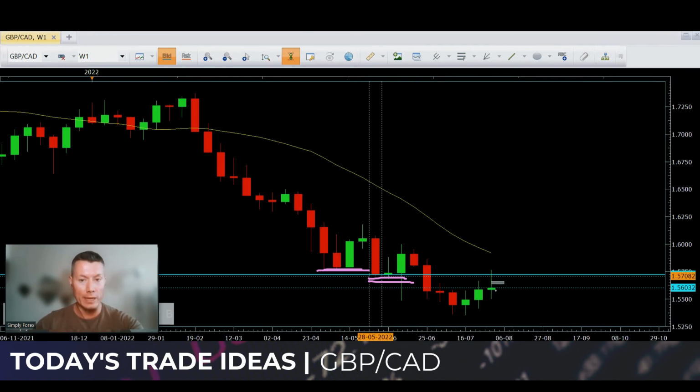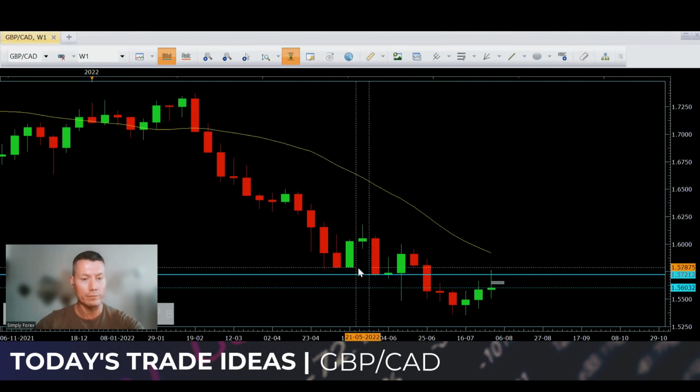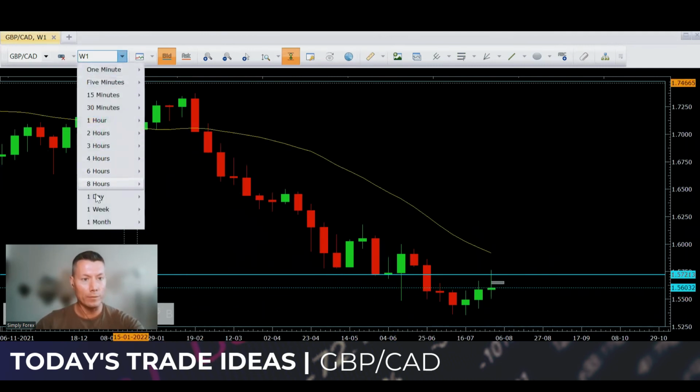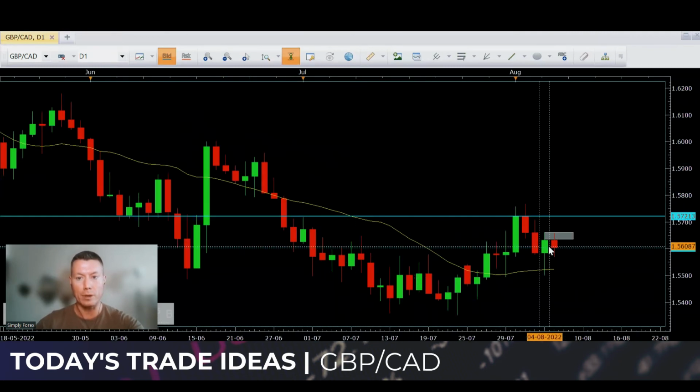But because of the daily chart, I still think we can get back up to the high of this green wick. Okay, so I just wanted to show you the weekly candle. I am aware that it is hitting this area of resistance, but if we go back to the daily chart, I still think we can at least take price back up to this last H1 high.